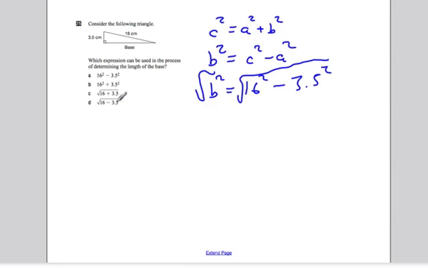All right, and so the answer then is going to be A, because that is the one where it's used in the process. We don't take the square root of, we don't simplify first. We have to take the square root of everything. So the answer, be careful, is not D.